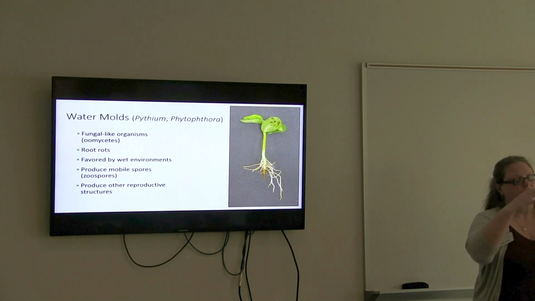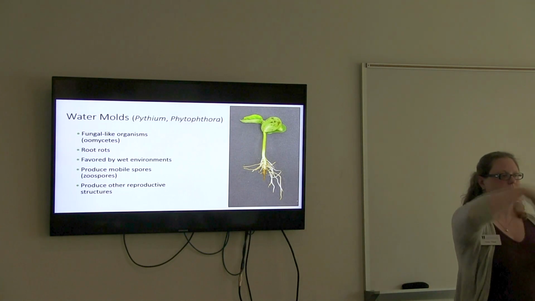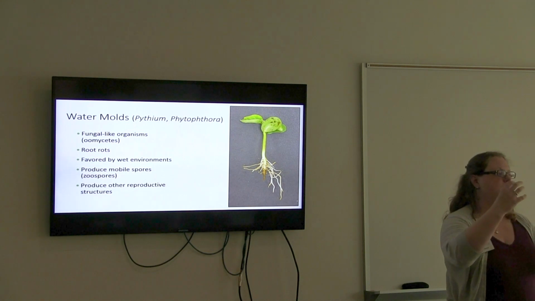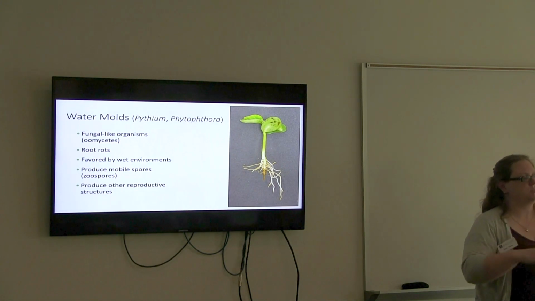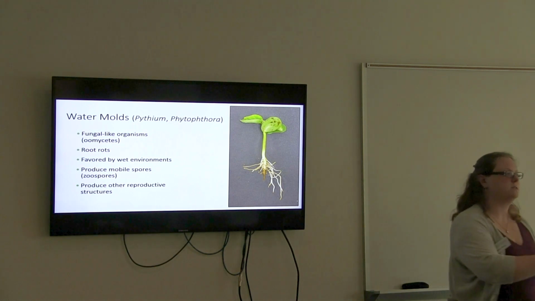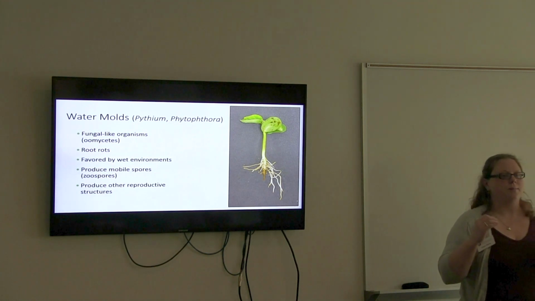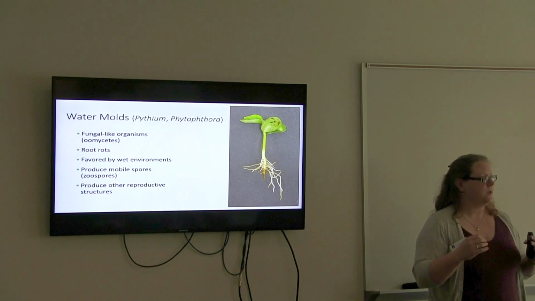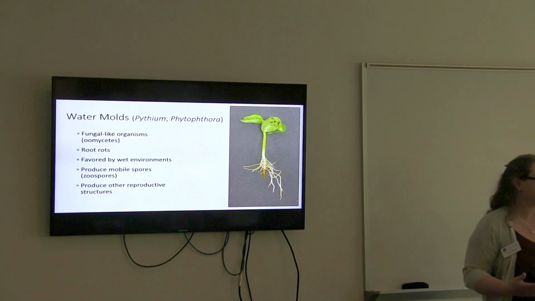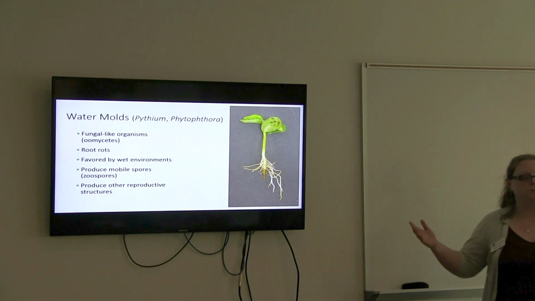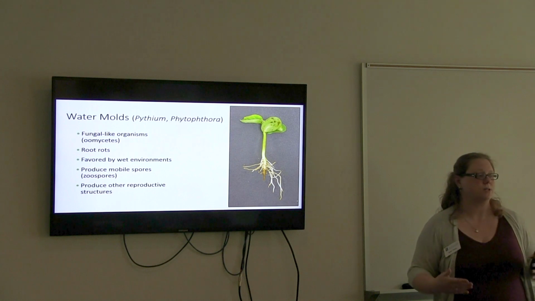The sporangium is the asexual structure, and the zoospores will be expelled from the sporangium, and they can actually basically swim through water, and they can swim directionally. So it's not just floating in a current; it's actually targeted swimming. They are also able to sense root exudates, and they're able, therefore, to swim toward a root, which makes them, again, very infectious when we have very wet situations where these zoospores can swim and easily start new infections.